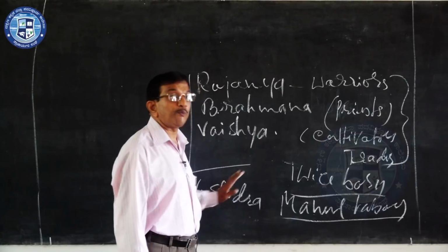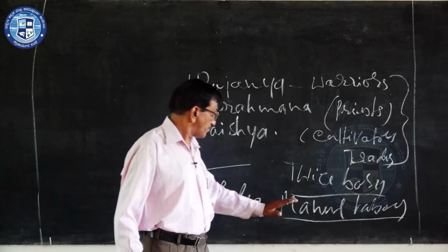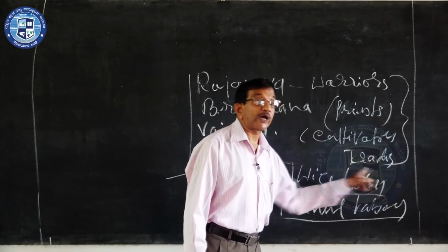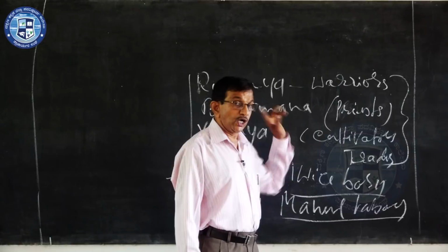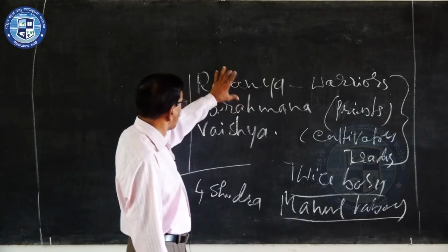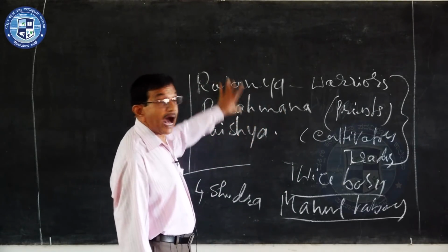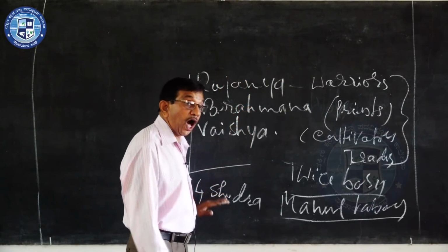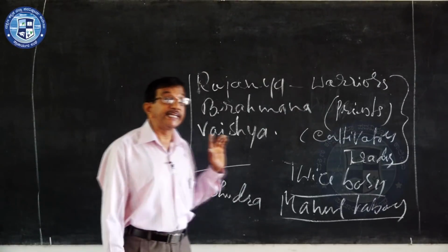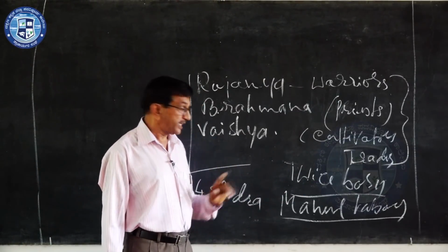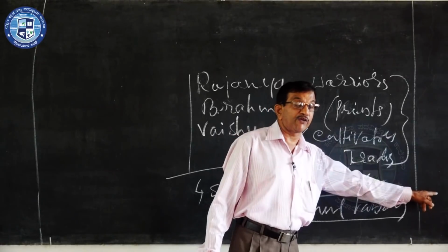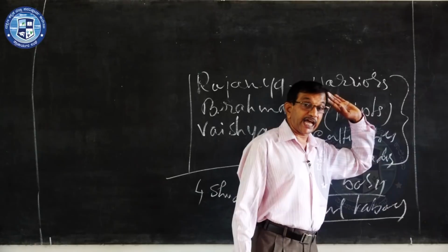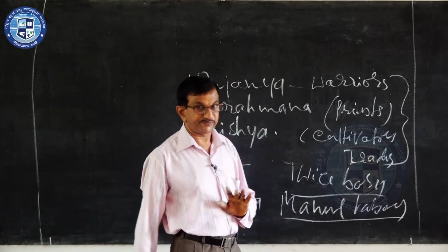So, the Shudra group from the non-Aryan group was denied this twice born status. They were not permitted to undergo the ceremony of initiation, and therefore Vedic education was denied.